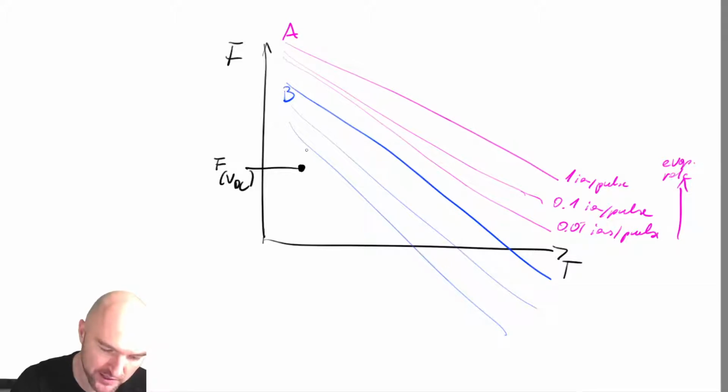It's important that our DC voltage is below any appreciable evaporation rate of any of the species in our sample, because if any of the species evaporate at this field, we have no time correlation. We didn't know when it left.